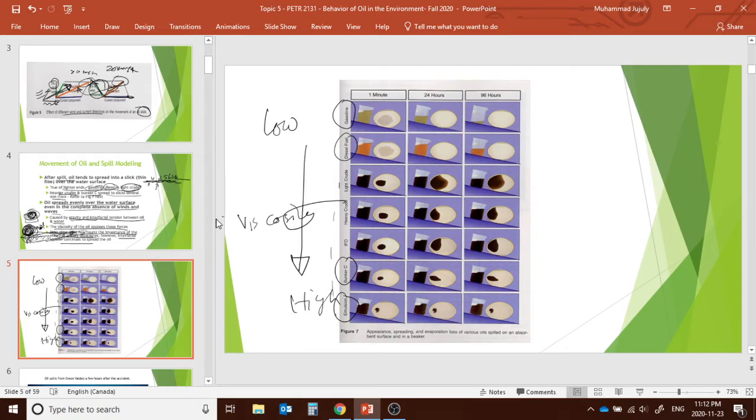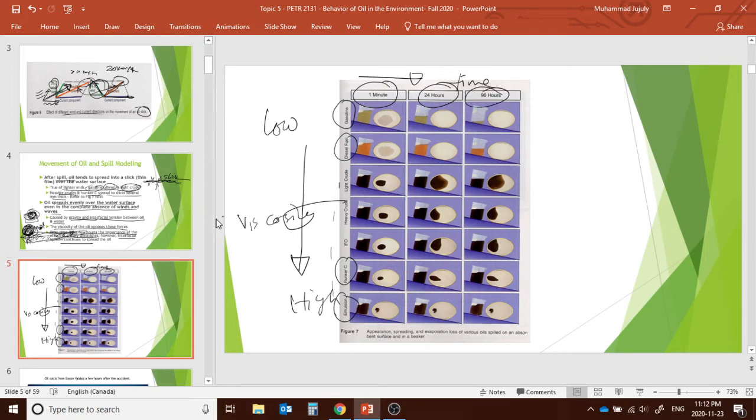Here is the lower viscosity and here is the higher viscosity, and this is time. This is 1 minute, one day, and 96 hours.